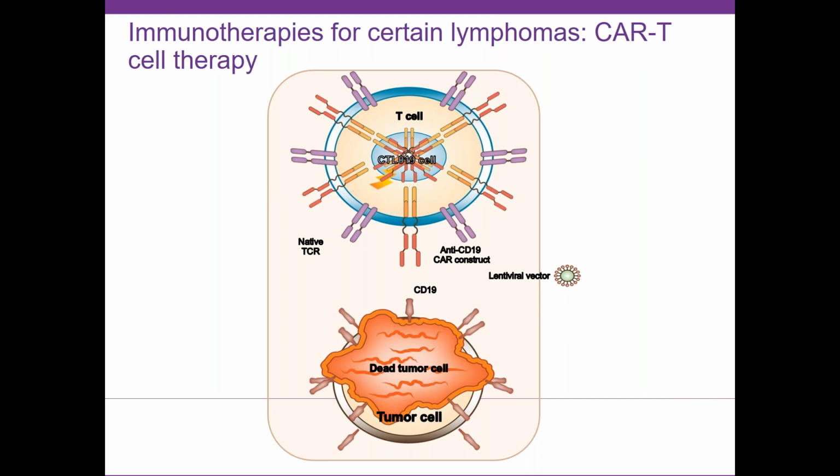And it is being developed and studied in some of the other lymphomas, including the indolent lymphomas, but in some cases it's still being studied, or it may not work as well in slow-growing lymphomas as it does in an aggressive lymphoma, for example. And this picture just reiterates a little bit of what I showed before, where this is the immune system cell that's now been designed to recognize that there's this target CD19 on the lymphoma cell, and it attacks it and kills it.